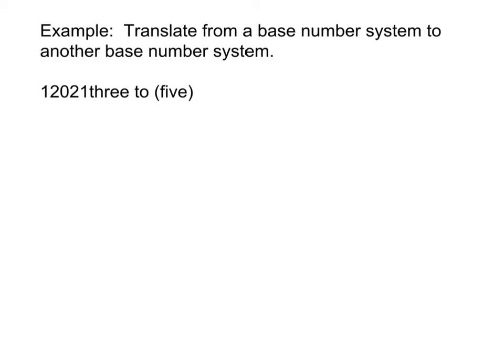Going from base 3 to base 10, we have to figure out what this is. Step 1, we put our exponents: 0, 1, 2, 3, and 4. Then we write it out in expanded notation.